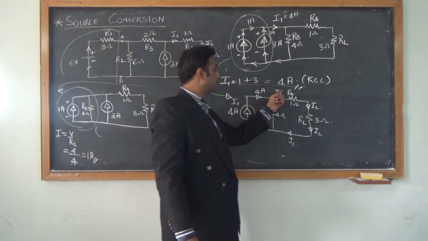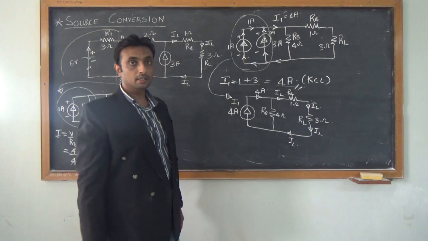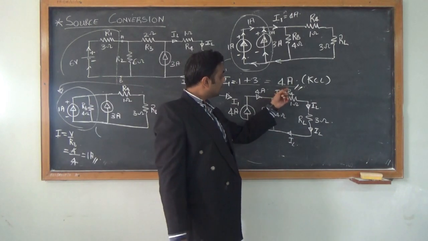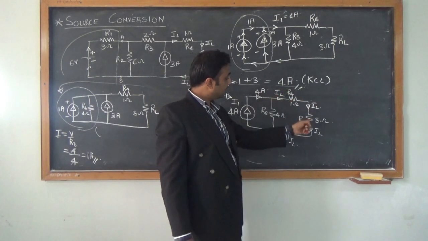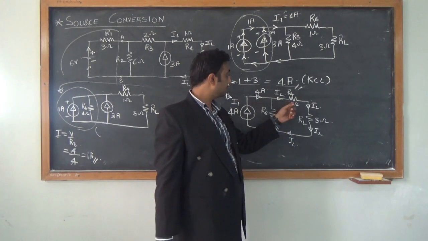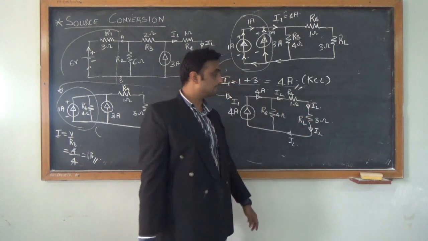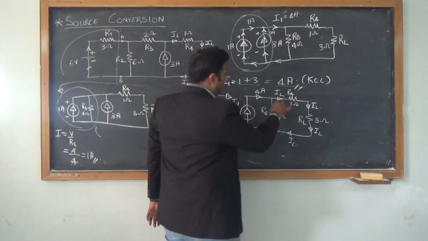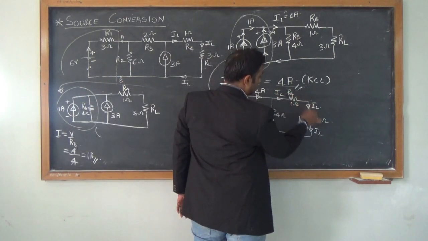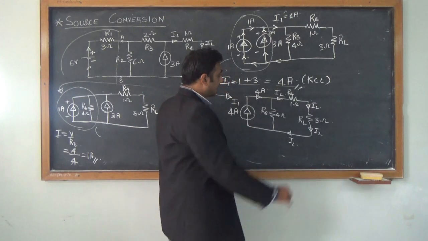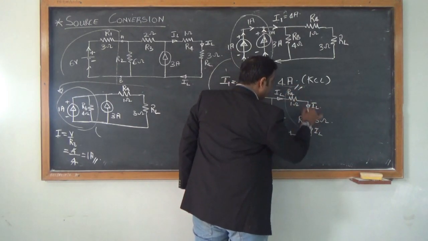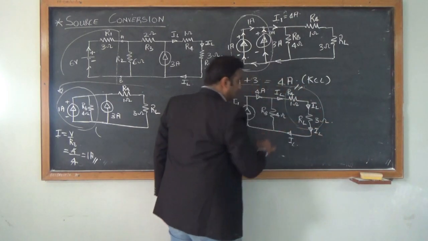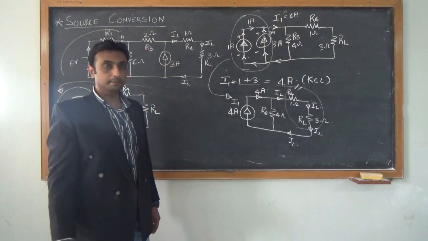So IL is flowing in R4 as well as RL. That means it's flowing in the 1 ohm resistor as well as the 3 ohm resistor. So if the value of IL is the same in R4 and RL, I can basically combine these two resistors together.